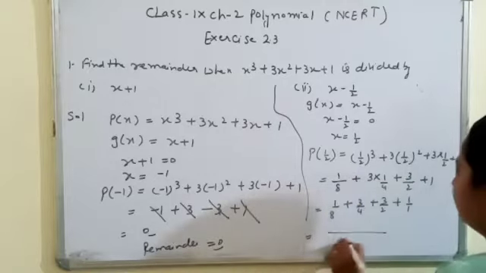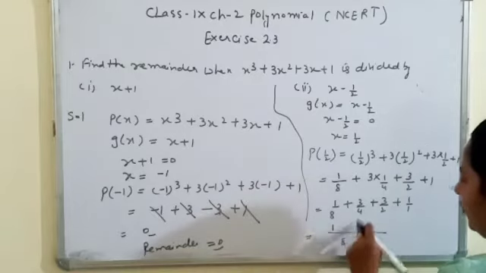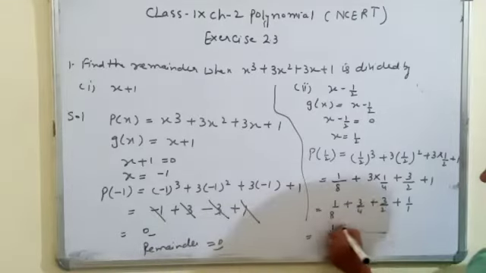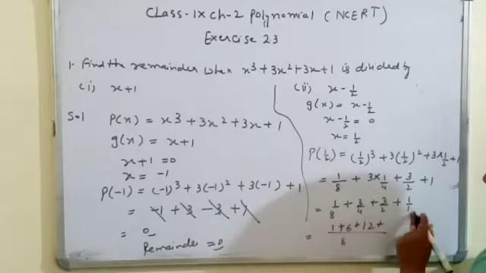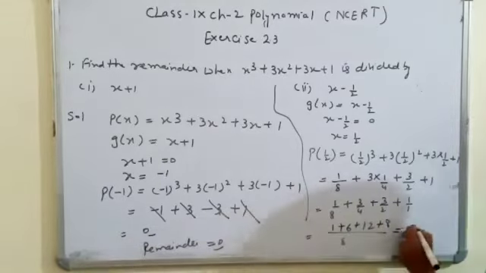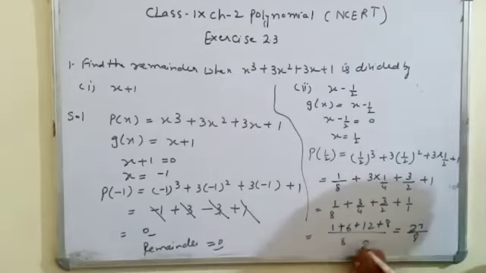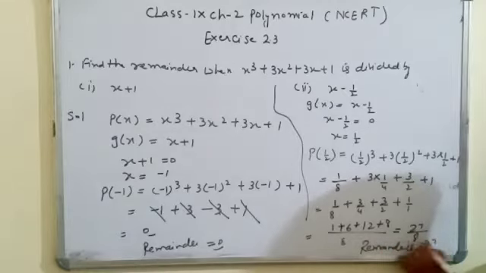Now take the LCM, which is 8: 1 into 1 is 1, 3 into 2 is 6, 3 into 4 is 12, and 1 into 8 is 8. Add them, that is 27 by 8. So the remainder for it is 27 by 8.